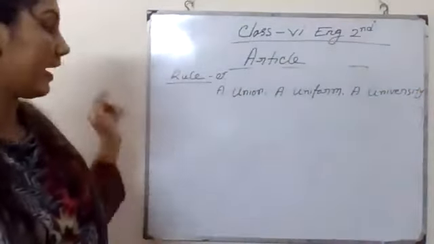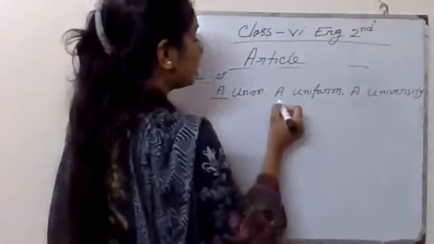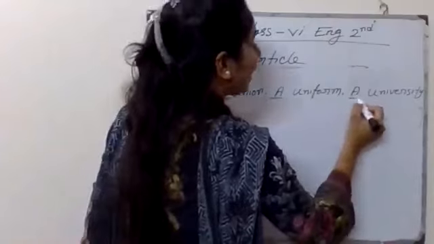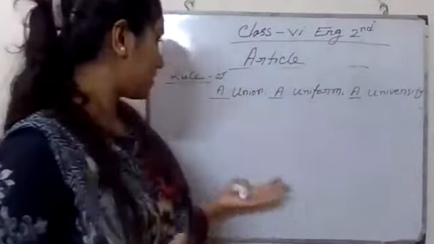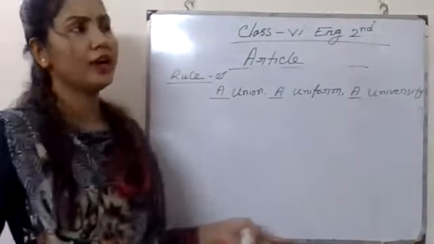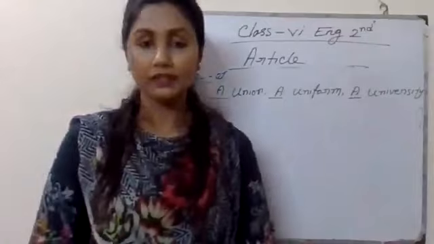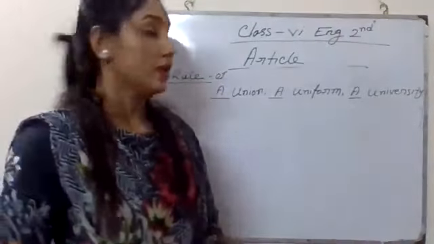I have written here three examples: a union, a uniform, a university. We have general rules for using the indefinite article.